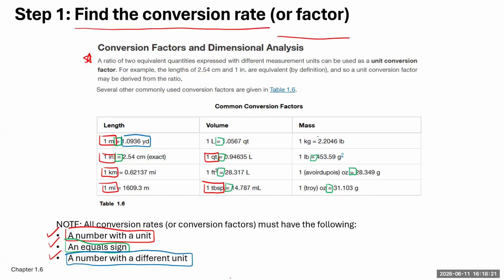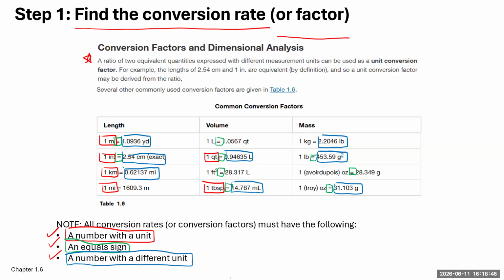It could be the same number, it just has to have a different unit, right? Number and unit. Sorry, I know I'm repetitive, but it's a simple calculation if you can make it simple.